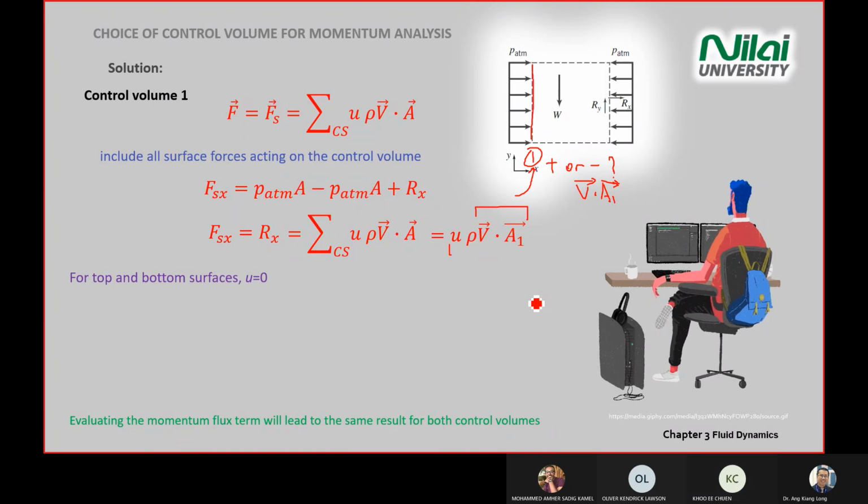Positive. Why positive? Because the V direction is going left, or right? Going right. The V direction is going right. What about the area?